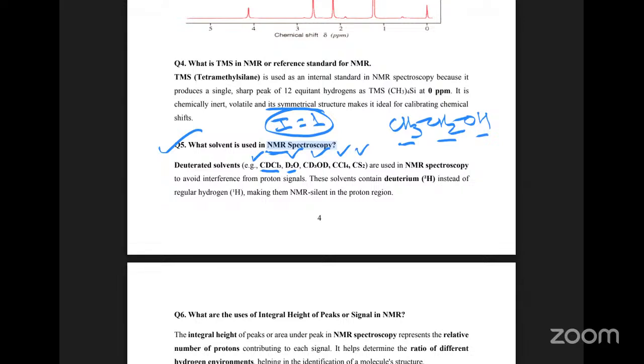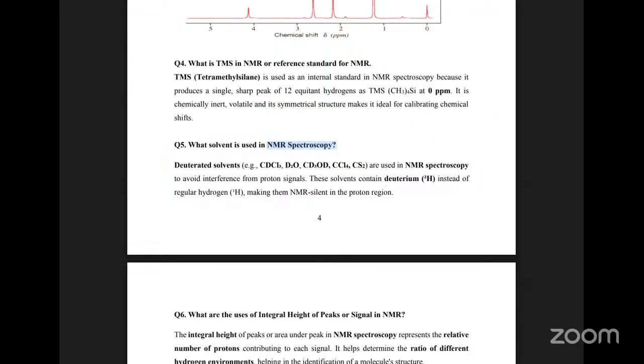There are many solvents used in NMR spectroscopy. So basically, you have to keep in mind that any solvent with a proton cannot be used. The proton should be replaced with deuterium. That is the main condition. So deuterated solvents are used in NMR spectroscopy. This is such a simple question. Move to the next question.